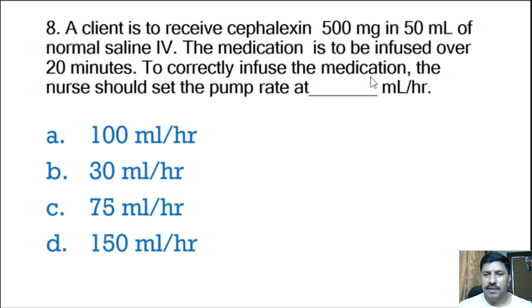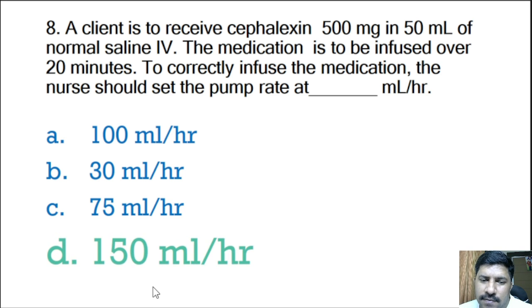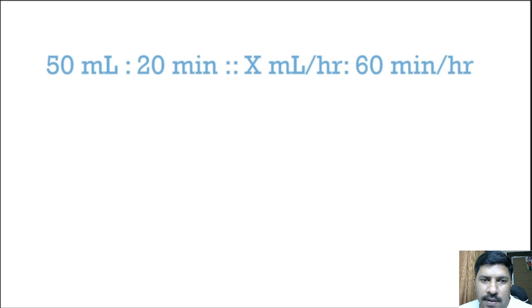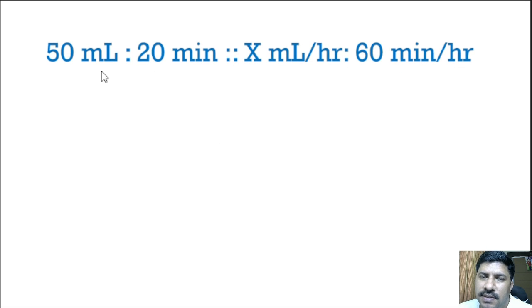To convert minutes into hour, we need to multiply with 60. So here the correct answer will come 150 milliliter per hour. So we will go to the solution, how to find it out. Here there are 2-3 methods.